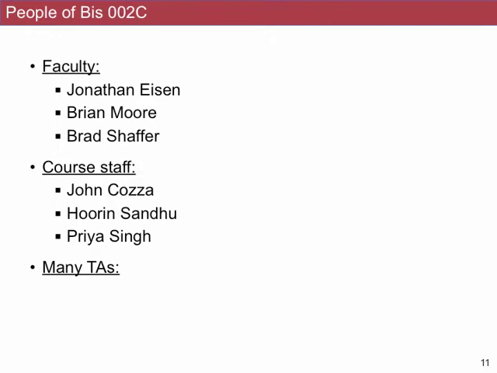He's coordinating the labs, but he also knows a lot of the details about things like when the labs are going to be and how to sign up for various things. Corin Sandhu over there in the corner is going to handle registration things, so if you have particular requirements related to CRN numbers and things like that, she's the person you should go to. And I'm going to turn it over to John, who's going to introduce the TAs who are here and tell you a little bit about the lab.